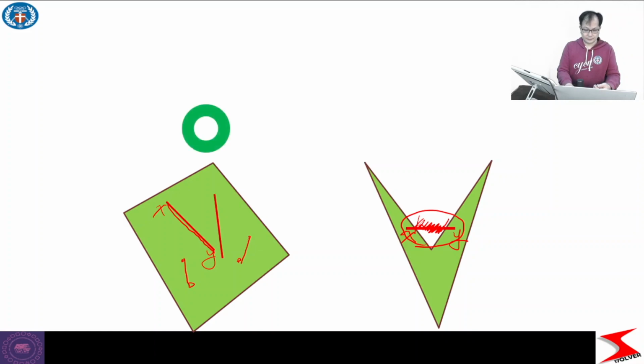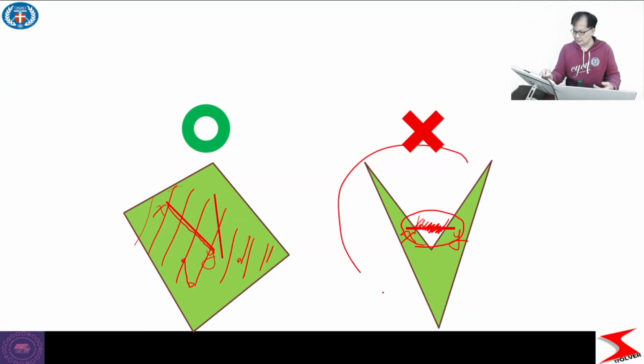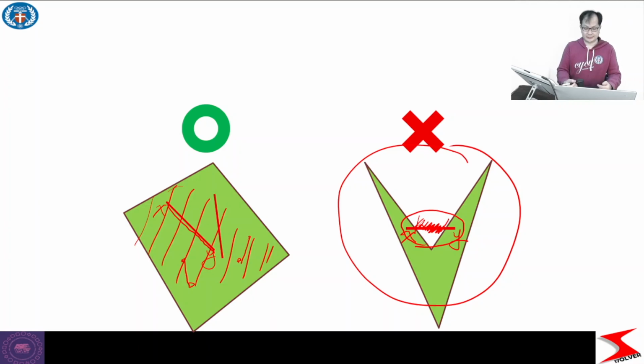So for this one, we say it is a convex set. But this one is not a convex set. So it is very easy to make the judgment by the graph.